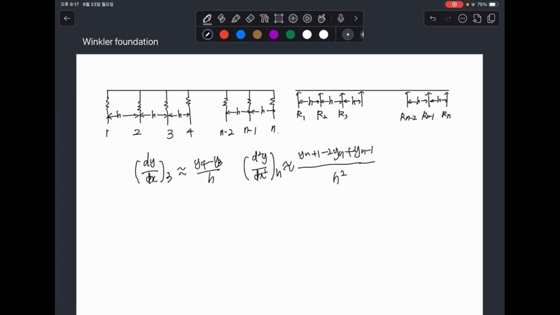So when modeling the soil reaction, as shown in the two figures, the spring reaction force at each station is given by, for a general station, and for an end station.